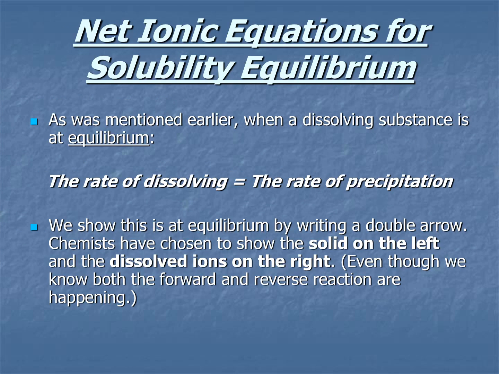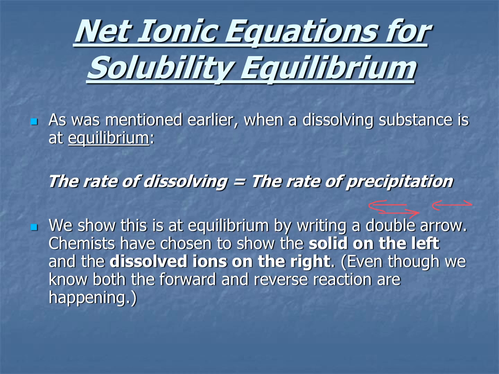Net ionic equations for solubility equilibrium. As we mentioned earlier, when a dissolving substance is at equilibrium, the rate of the dissolving is going to equal the rate of the precipitation. We can show that this is at equilibrium by writing our double arrow. So we either do this one on top of that one.